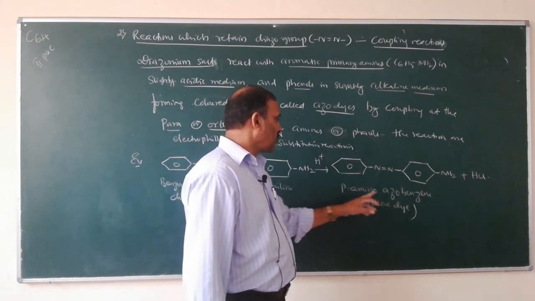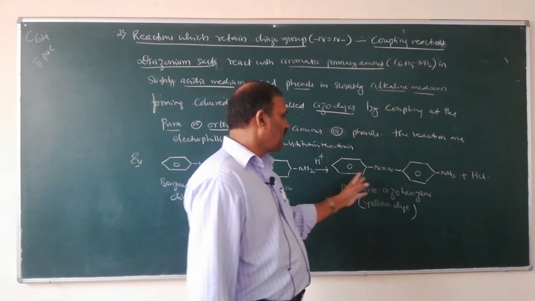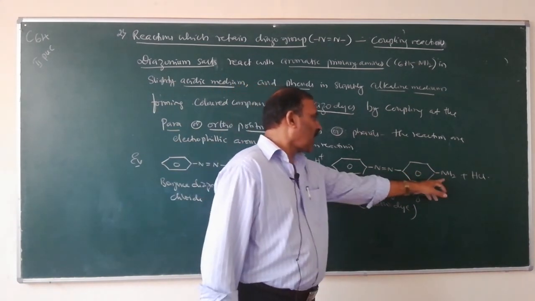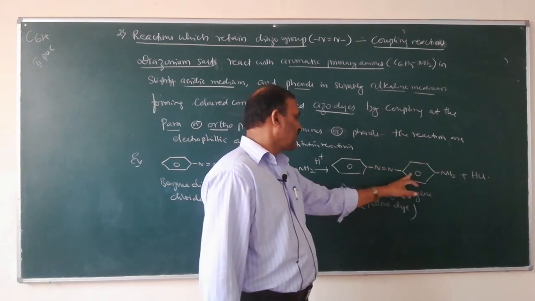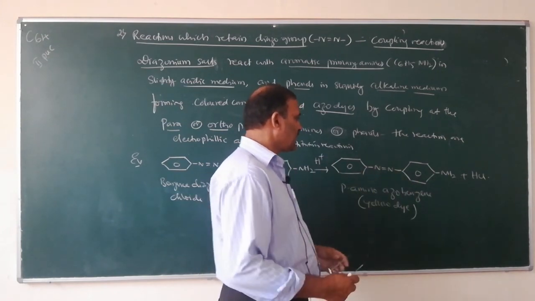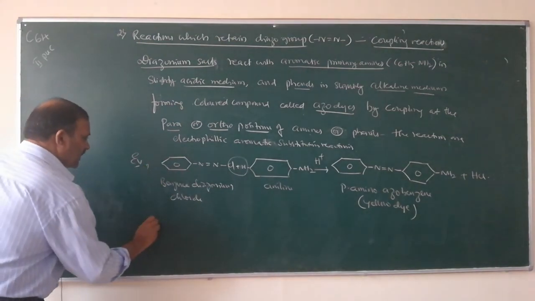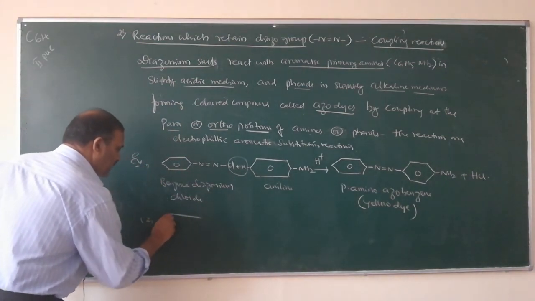Its color is yellow and the name of this dye is para-aminoazobenzene.